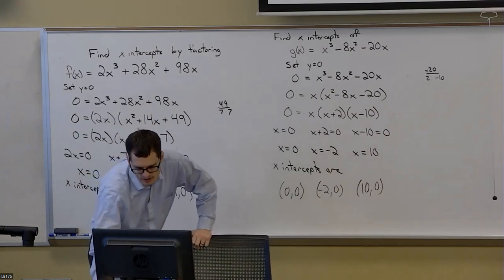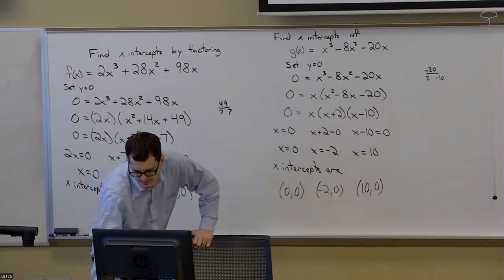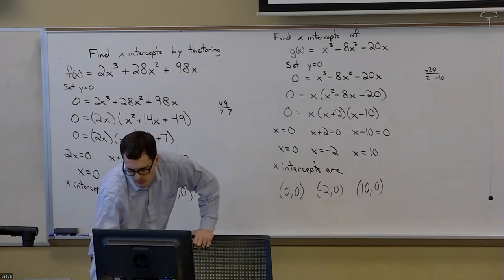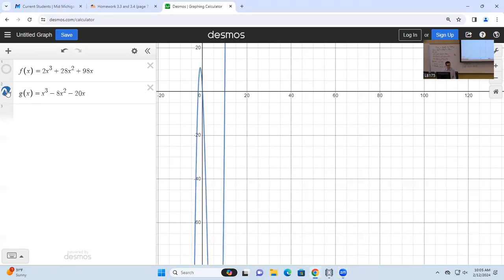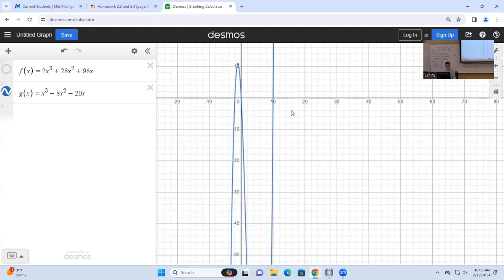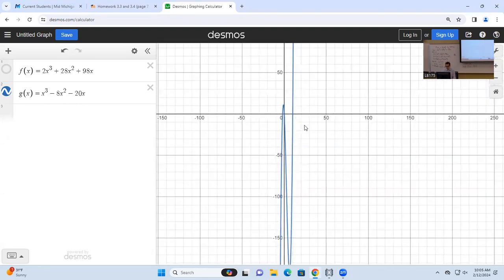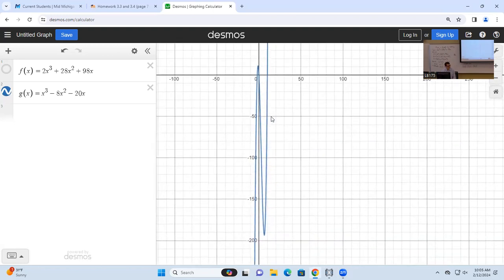Now, graphing wise, I've typed in both the first and second one we just did. So if you were to have graphed this x to the third minus 8x squared minus 20x, you'd have gotten a cubic that looks like this.